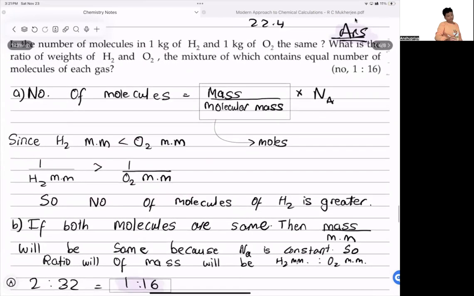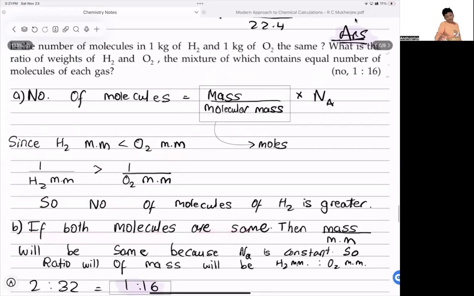Now for the second part, if both molecules are same as they're given, then mass by mm will be same because this is a constant. So since molecular mass is constant, mass will have to be changing. So mass will be 2:32 because molecular mass is in ratio 2:32. So answer will be 1:16.